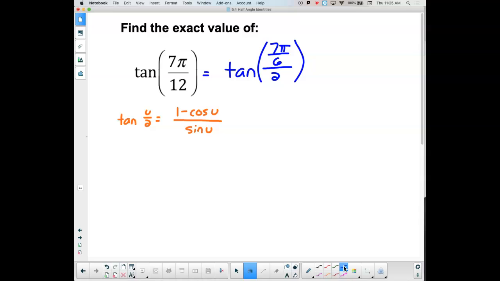So then that would be 1 minus the cosine of 7 pi over 6 divided by the sine of 7 pi over 6. Cosine at 7 pi over 6. Sine at 7 pi over 6.